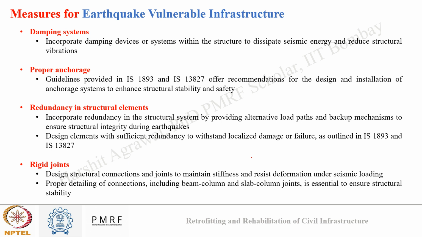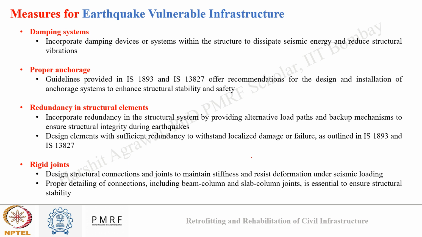Proper anchorages. Guidelines have been provided in IS 1893 and IS 13827, which recommend design and installation of anchorage systems to enhance structural stability. Anchorage, we already know what it is, and if done properly, it can also help make our structure safe from seismic activities.